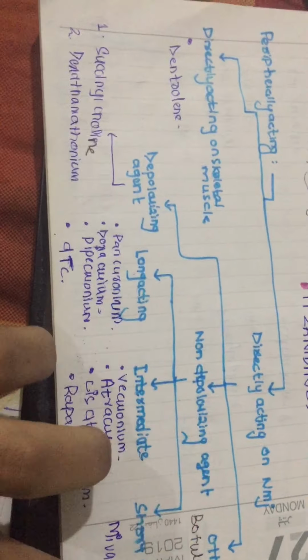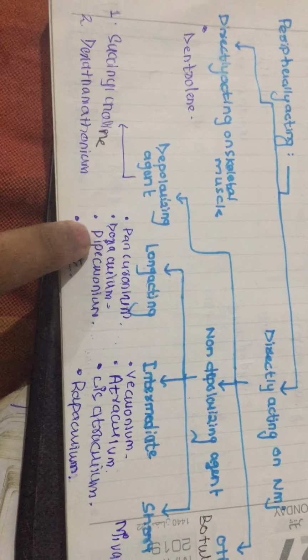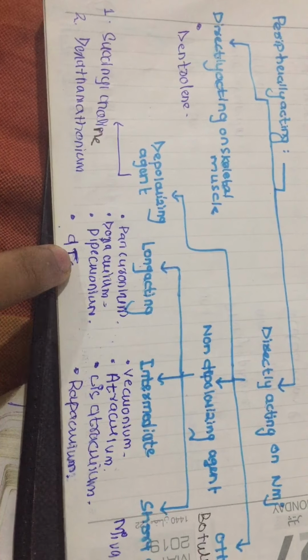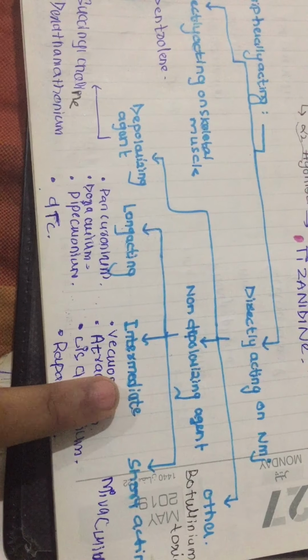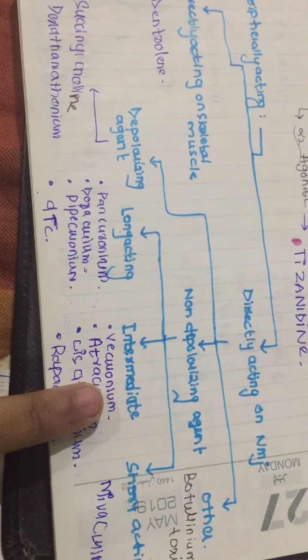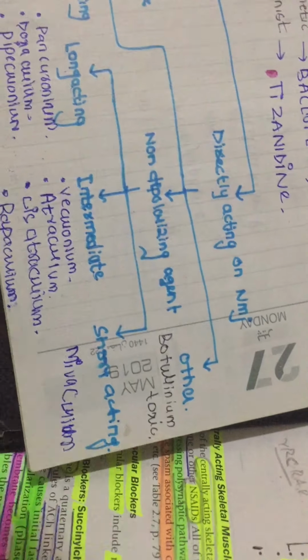Depolarizing blockers contain succinylcholine and decamethonium. The non-depolarizing blockers contain pancuronium, doxacurium, pipecuronium, and D-tubocurarine. Intermediate contains vecuronium, atracurium, cisatracurium, and rocuronium, and the short-acting contains mivacurium.